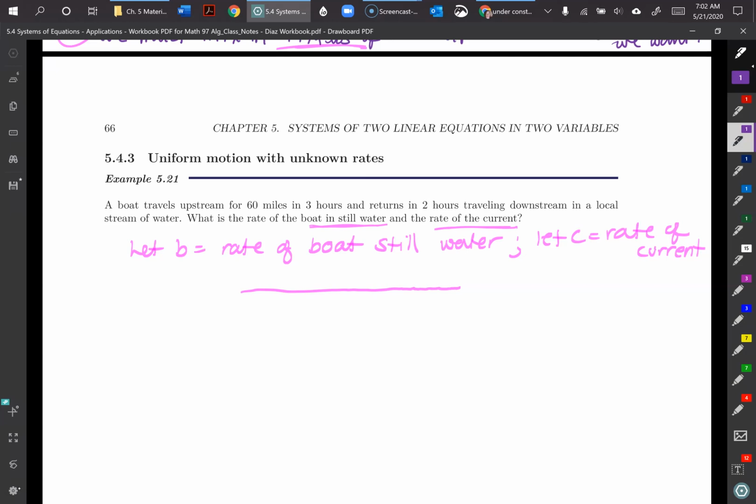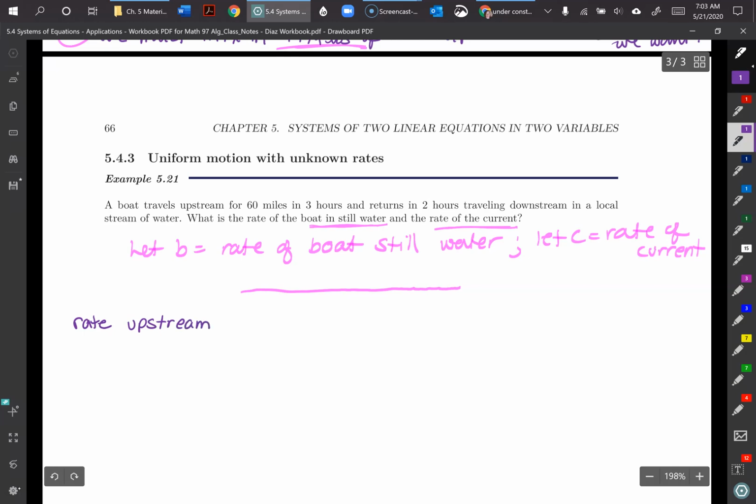So we have to set this up as rate. I did against first, I think. So rate upstream, we're going against.